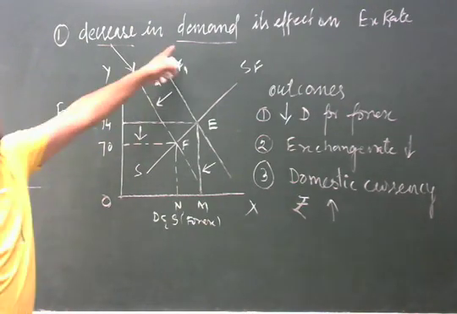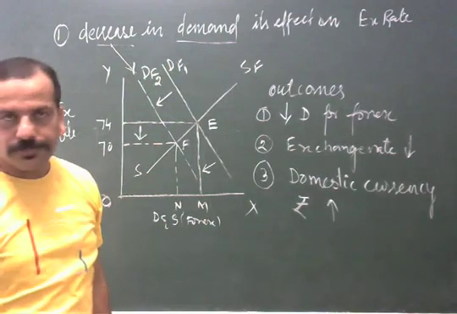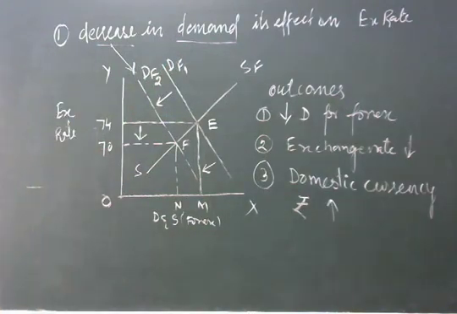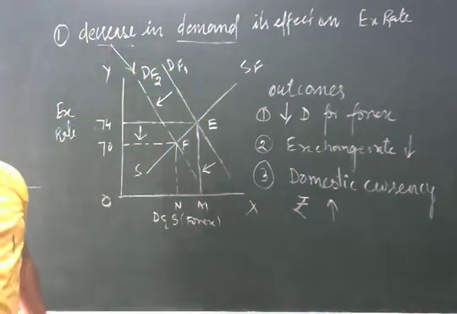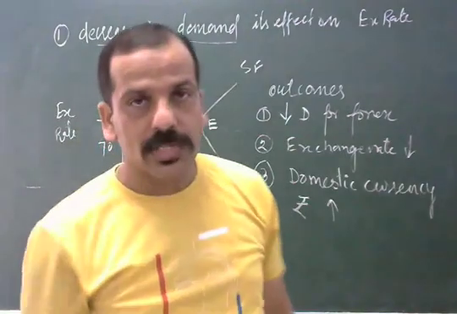So this is about the increase and decrease in demand for a foreign currency and its effect on the exchange rate. Now we will talk about the supply.